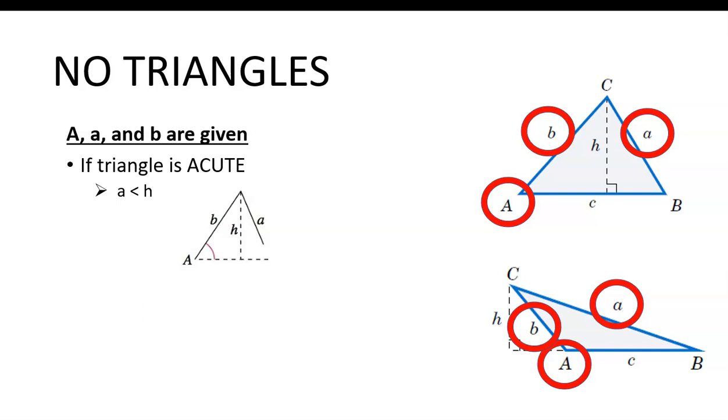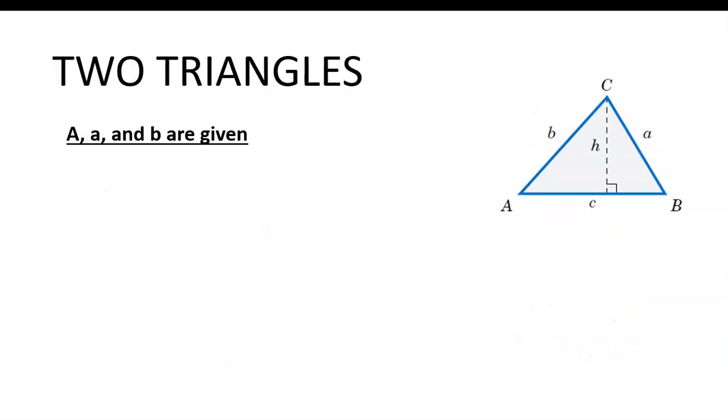So obviously there's no triangle. It won't work. And if the triangle is obtuse and A is less than B, you'll see there that that won't work either. Those are not even enclosed figures. They're not triangles. So therefore, your answer would be no triangle. You can't solve it.